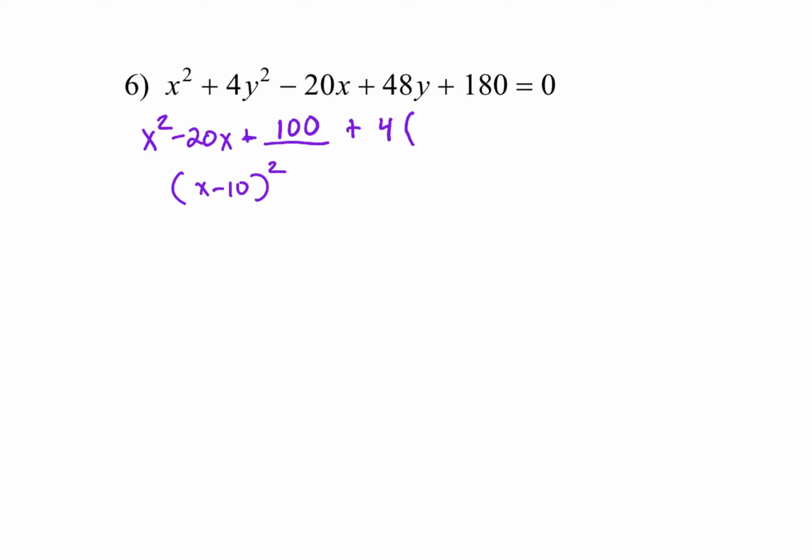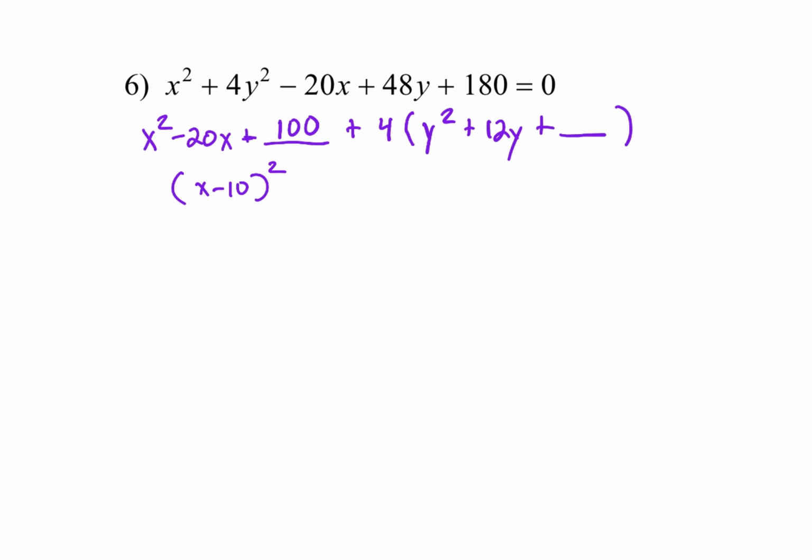If I take a 4 out of 4y squared, what do I have left? Y squared. Plus, and it's a plus because of this right here. If I look at my other one, what do I have to do with 48? Divide by 4. 48 divided by 4 is 12. So that's 12y.